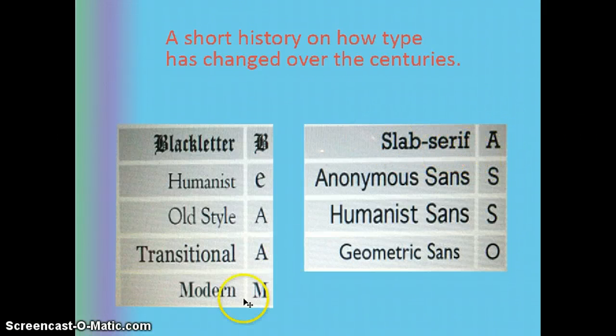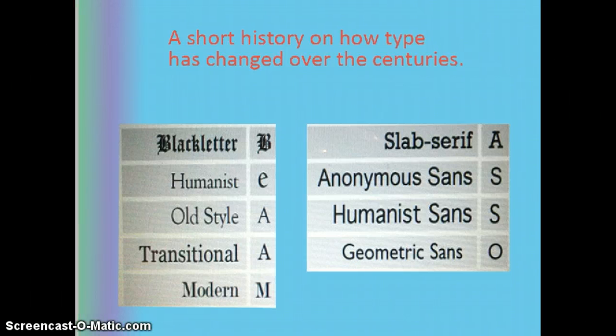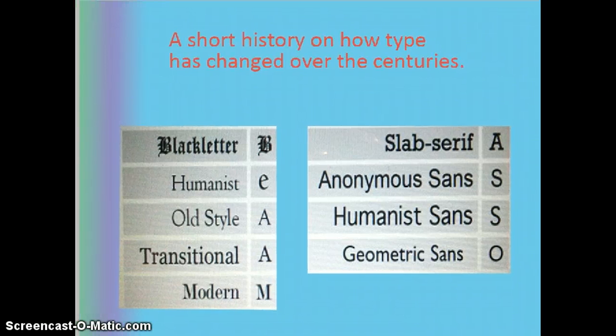Slab serif actually came out before the modern type, from Egypt, and this is the big type from Egypt. A lot of people use it, and now people use this one for posters.